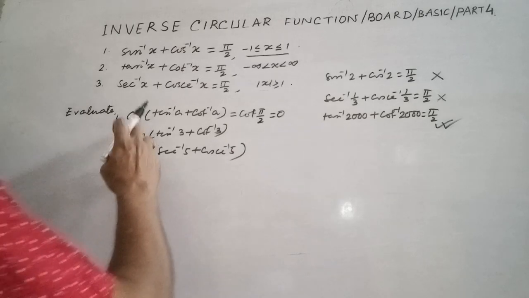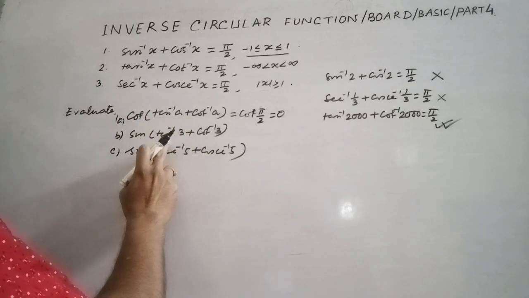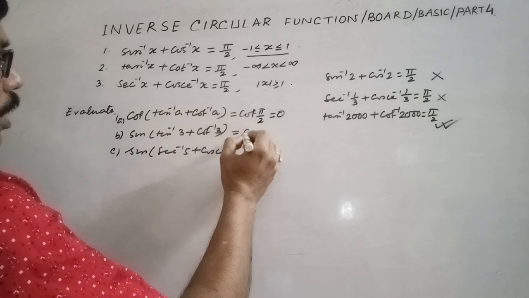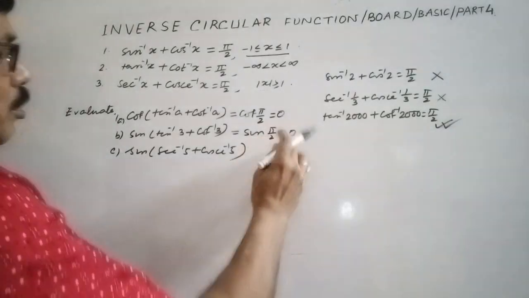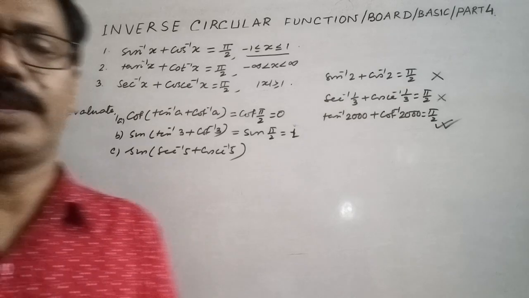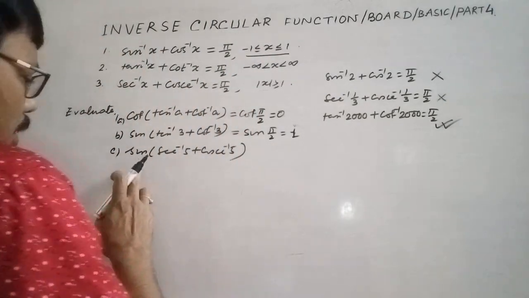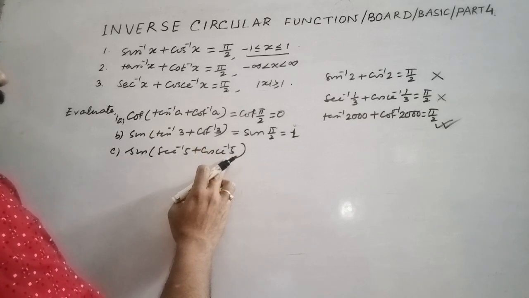Now look, sin of (tan inverse 3 plus cot inverse 3). Here x can take any value. This is sin pi by 2, which equals 1. Next, sin of (sec inverse 5 plus cosec inverse 5).